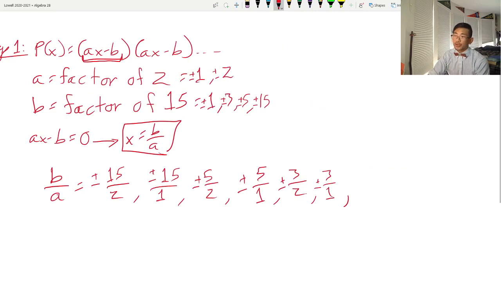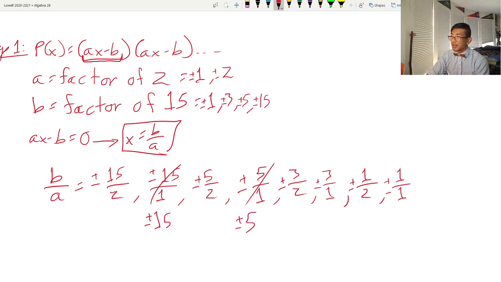And then 1 over 2, plus or minus, and 1 over 1. And of course, we could simplify these, so this is really just plus or minus 15, plus or minus 5, plus or minus 3, and plus or minus 1.